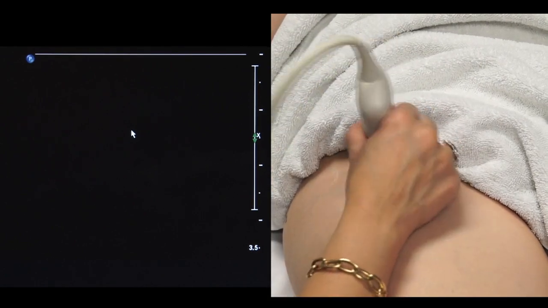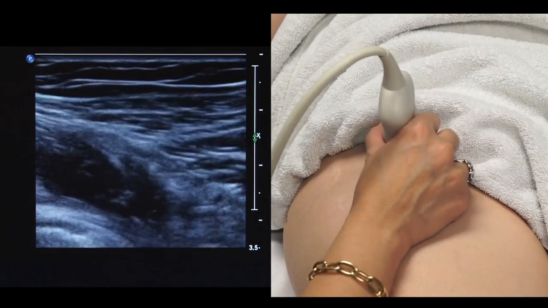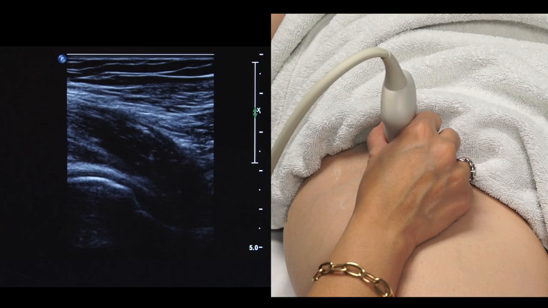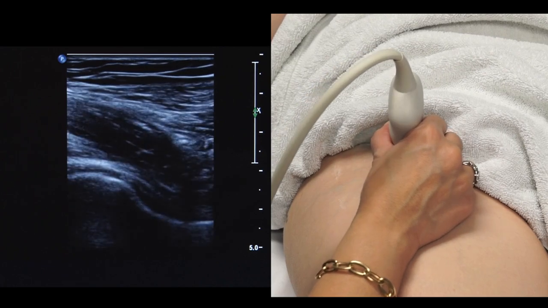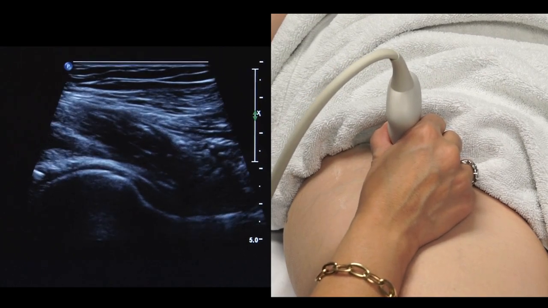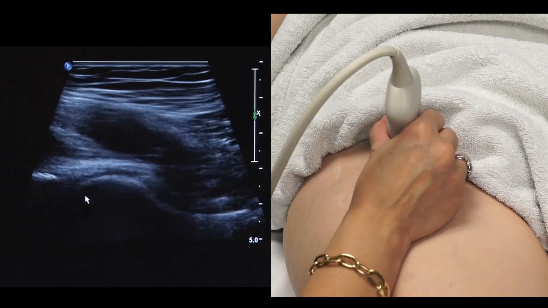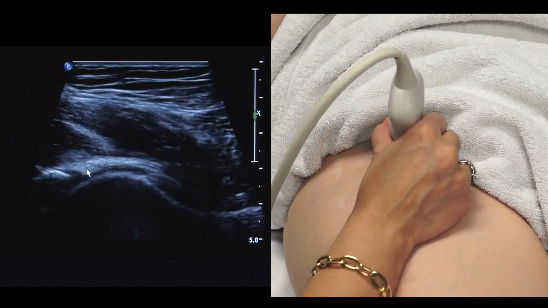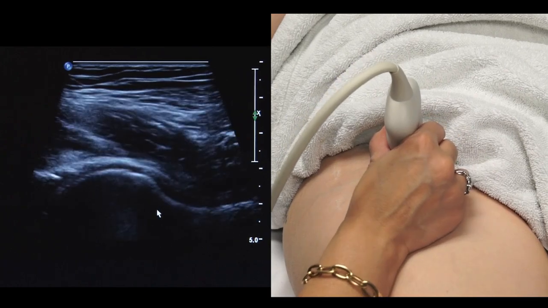Again, you can start out in a sagittal oblique orientation, adjust your depth. If you have widescreen capability, that might help. Okay. So again, you're looking at the superior acetabulum, the labrum, the femoral head.